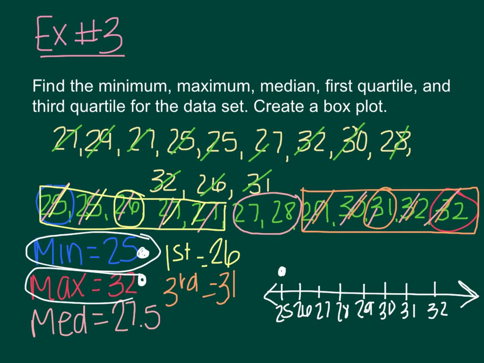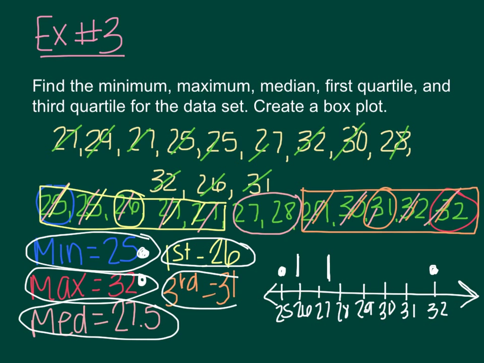Maximum, 32, we put a dot. Median, 27 5/10. So 27 5/10 is going to be right in between 27 and 28. First quartile, we have 26. And third quartile, we have 31. Connect our lines and connect to the minimum and maximum, and we have our box plot.